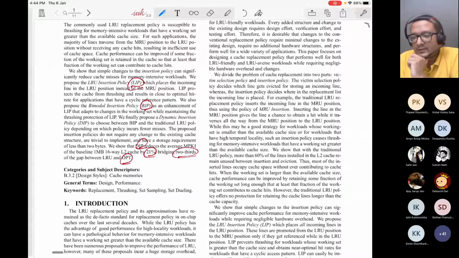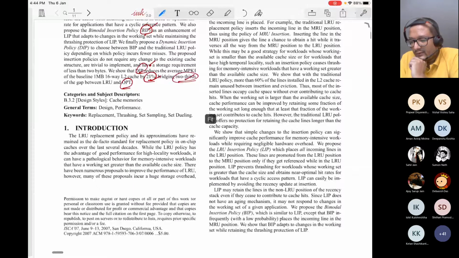I don't care about the rest of the abstract. For the rest of the paper, I will search for LIP, BIP, and the idea of dynamism. That's why the title. And there are some performance numbers I would like to get a detailed explanation for. Then this statement. So this will be my checklist for the rest of the paper.